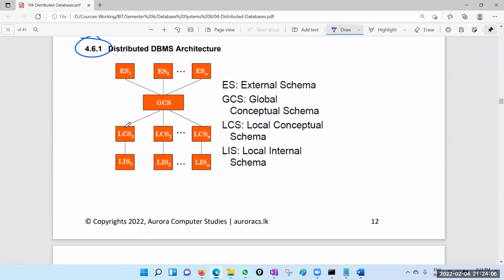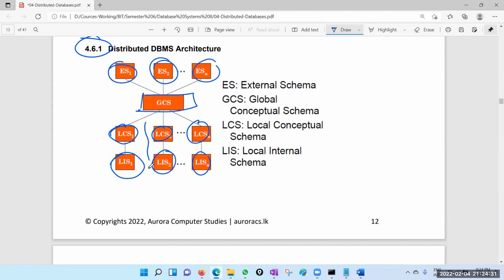So we have local internal schema. You have the local conceptual schema for each site. Then global conceptual schema. Then external schema, multiple external schema.